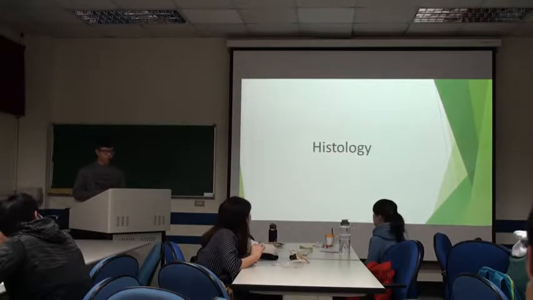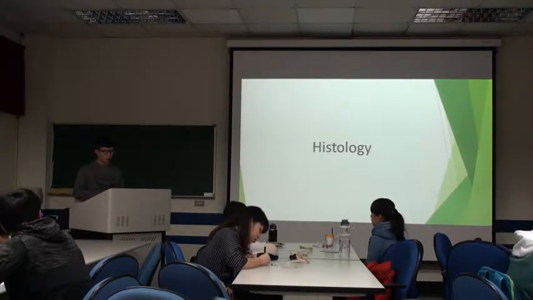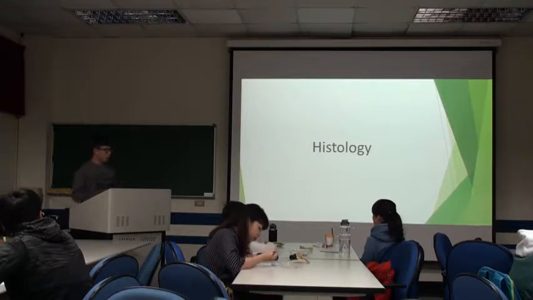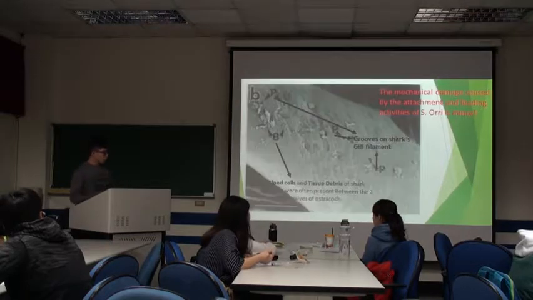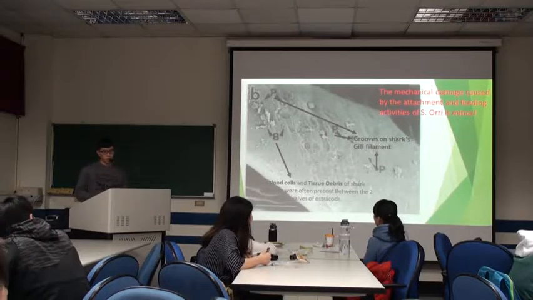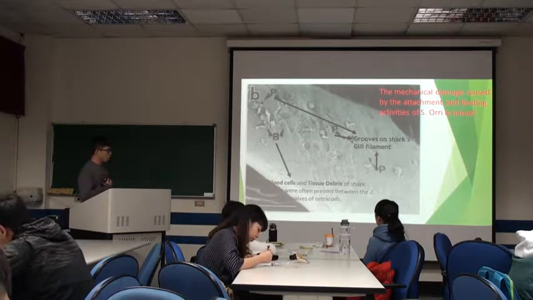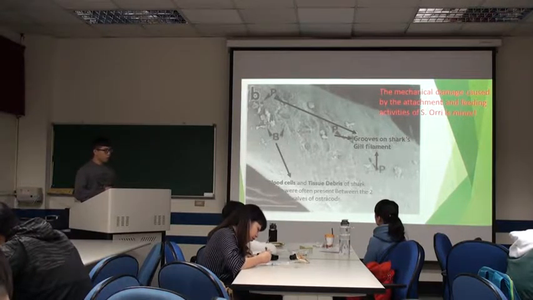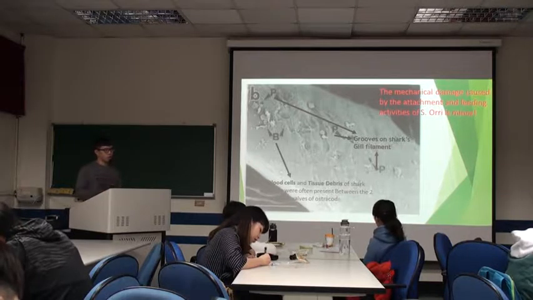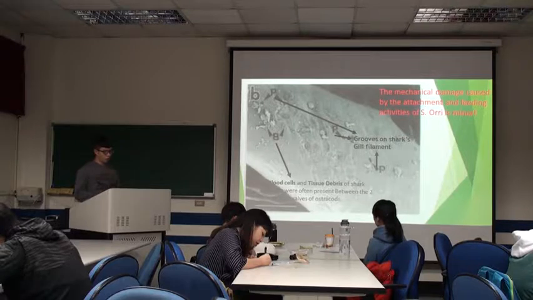And in the results, we can see 3 aspects. The first one is histology. As you can see in this picture, which shows the epaulette shark gill filament, letter P means grooves on the shark gill filament. Grooves are like holes on the shark's gill filament. There are many holes.